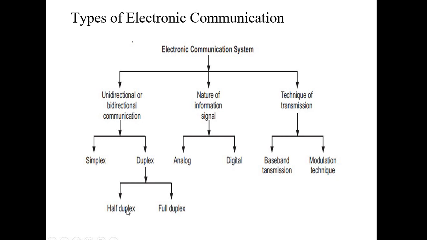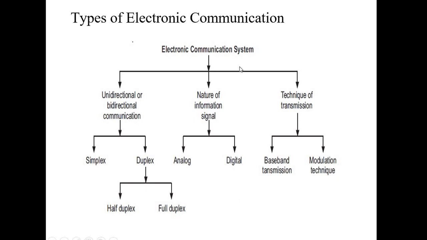Half duplex is again a bidirectional communication system but not simultaneous. Whereas full duplex transmission is where both the ends can transmit and receive simultaneously. So example of full duplex system is mobile telephony system, whereas example of half duplex system is walkie-talkie.